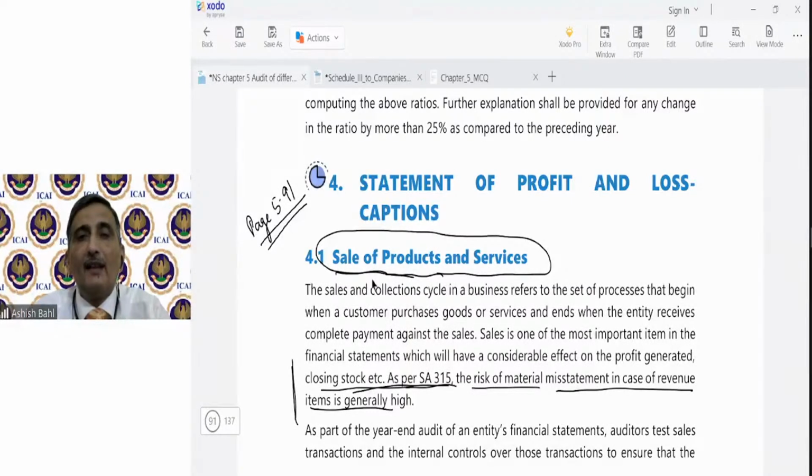So first of all, the auditor will see whether the sales have occurred. So the transactions which have been recorded in the books of accounts, which are recorded in the financial statements, whether these have occurred at the first place. So how the auditor is going to get comfort about this?